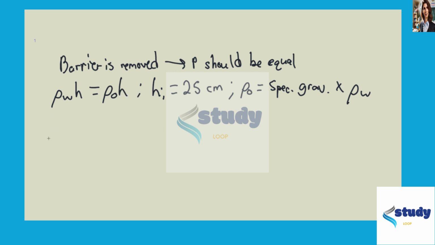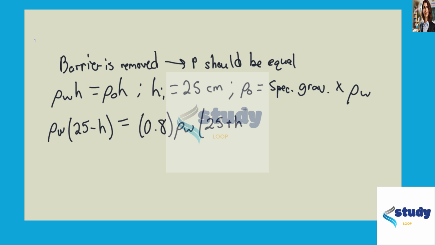So plugging for this, we can say that the density of water times 25 centimeters minus this sum h, some height change, equals 0.8 times the density of water times 25 plus the same height change. So here we can cancel out the density of water, and we find that h is equaling 2.777 centimeters.